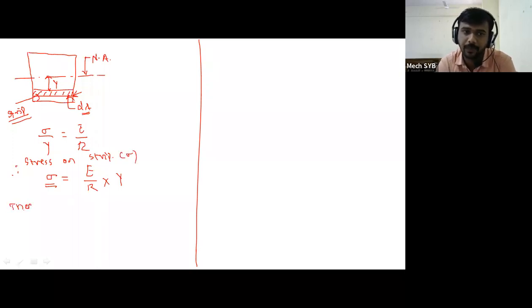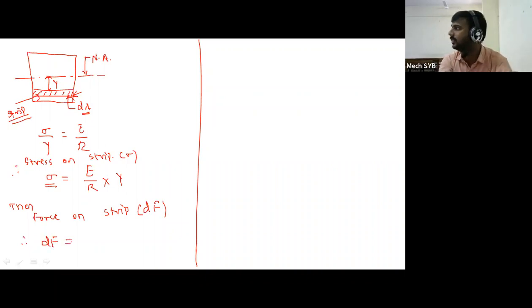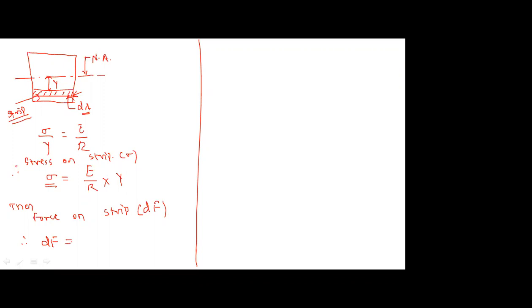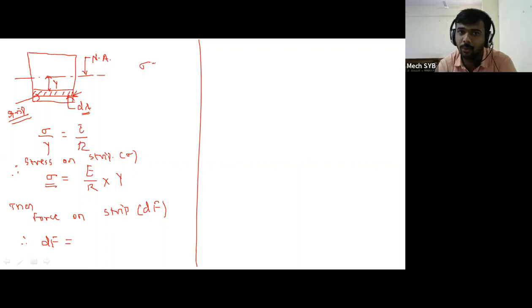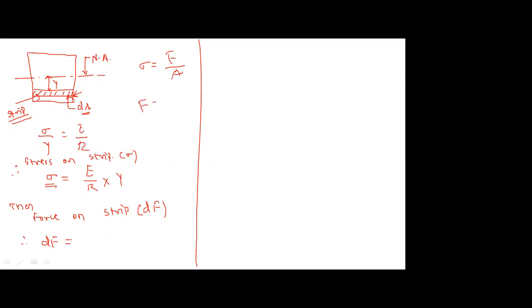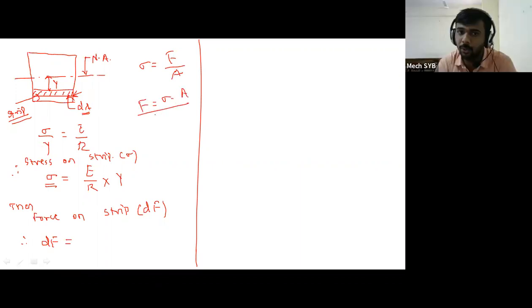Then force on strip, dF is equal to, सांगा जर आपल्याला फोर्स जर काढायचा असेल आणि त्या ठिकाणी स्ट्रेस आणि क्रॉस सेक्शनल एरिया जर माहित असेल तर फोर्स इज इक्वल टू स्ट्रेस इनटू एरिया. आपल्याला फॉर्म्युला माहित आहे काय बघा, सिग्मा इज इक्वल टू फोर्स अपॉन एरिया. जर फोर्स काढायचा असेल तर फोर्स इज इक्वल टू सिग्मा stress into एरिया.